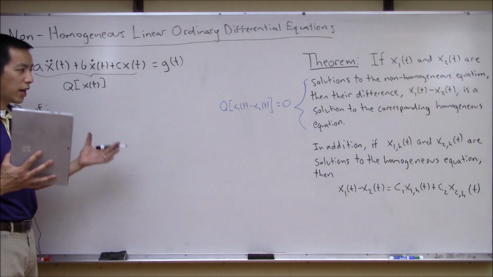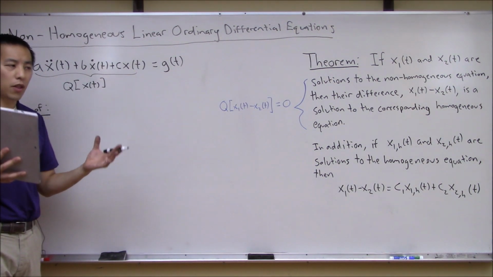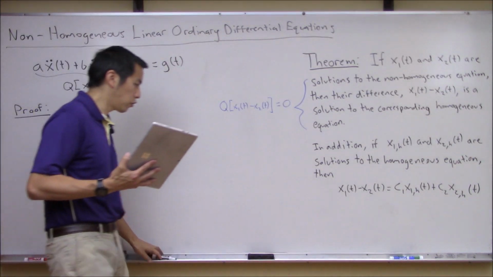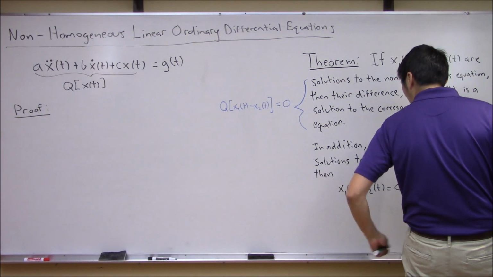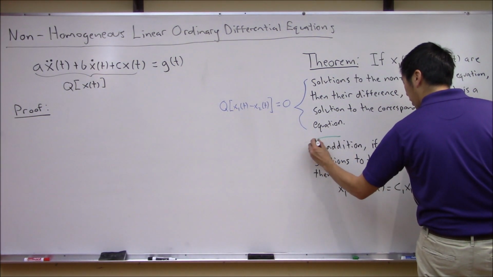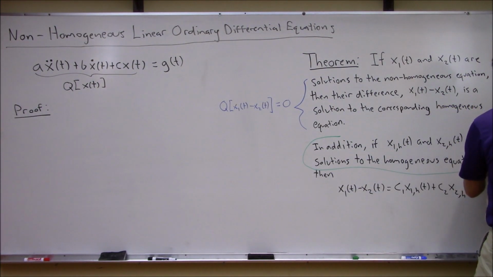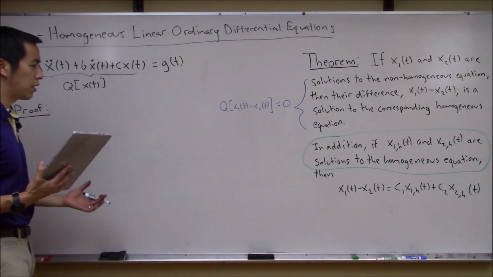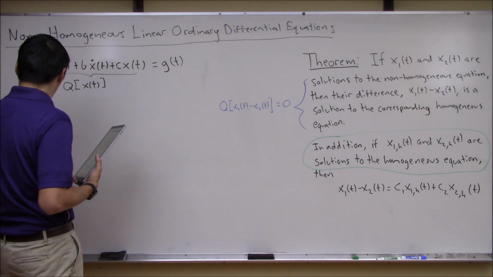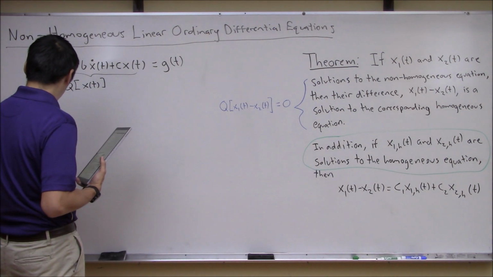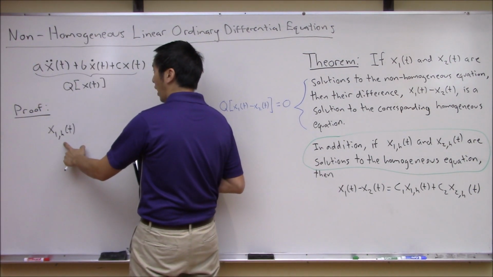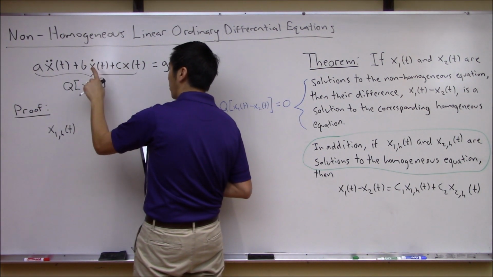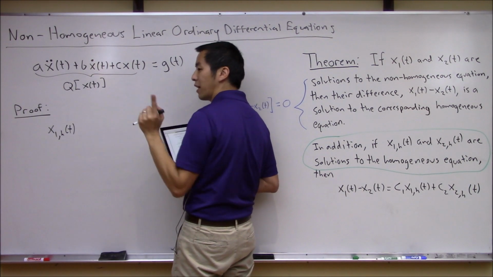So it says if we've got x1h and x2h, and those are solutions to the homogeneous equation, let's stop there. What does this first bit in green allow us to say? Well, if you think about it long enough, what that means is that if you take x1h of t, take its second derivative, multiply by a, take its first derivative, multiply by b, take itself, multiply by c, and add them all together, you get not g, you get 0, right?